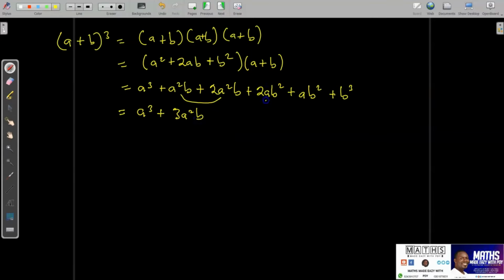Very good. And then this and that, they are also like terms which you can add up. What does it also give us? 3ab squared. So we have plus 3ab squared. Good. Then finally plus b cubed.